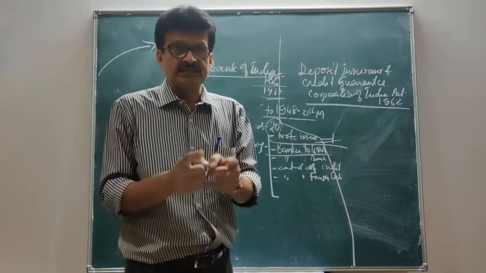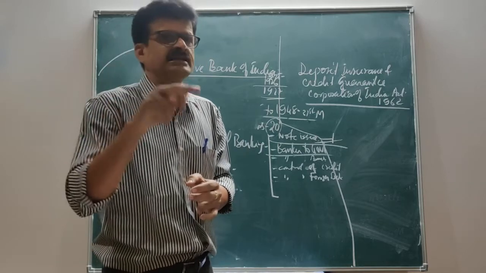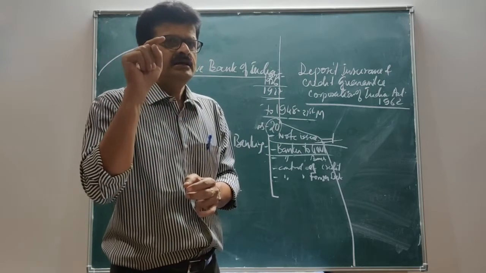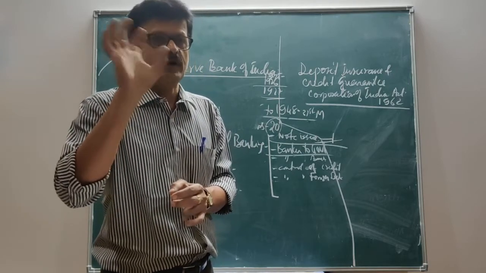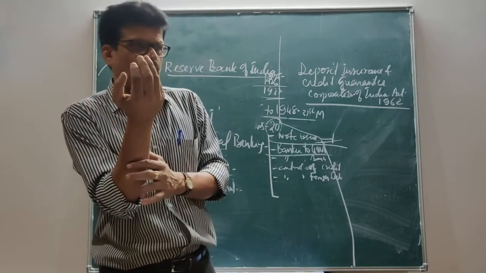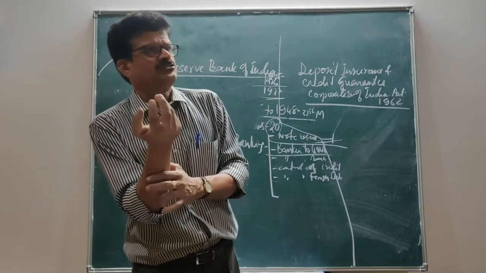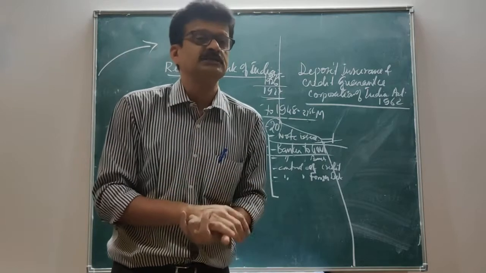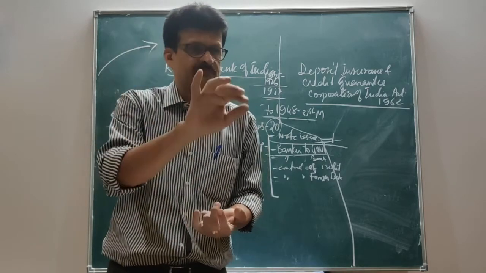Then marginal requirements. I mean, through these, what do you mean moral suasion? As I said, no question of punitive action, but trying to persuade him through moral principles, ethically trying to persuade him. You understand?